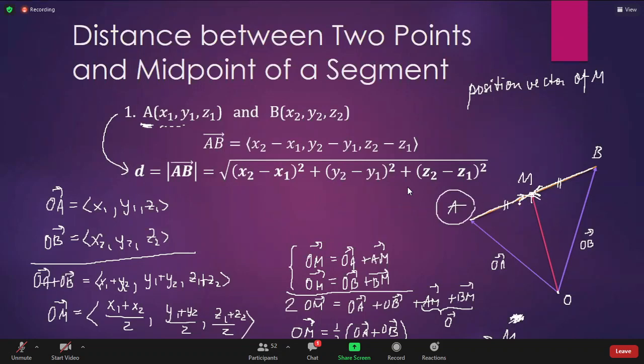If we know the coordinates of the two endpoints of a segment, then we find the coordinates of the midpoint as the mean values, the average values, of the endpoint coordinates. As simple as that. So supposing we have coordinates A and B known, we add them up in pairs, divide by 2, and we get the coordinates of the midpoint.